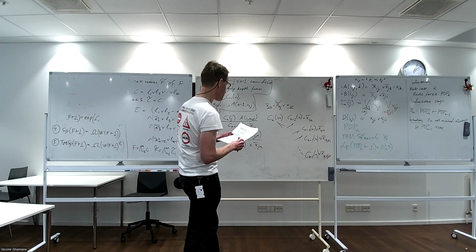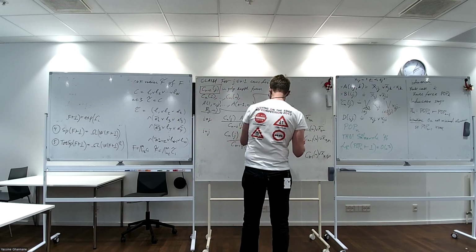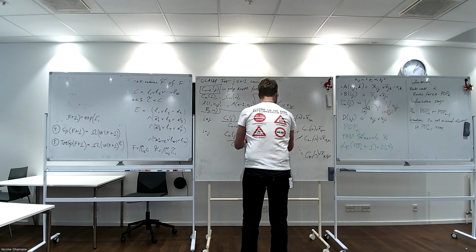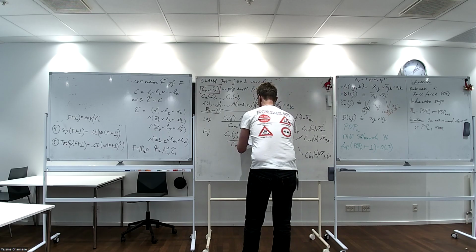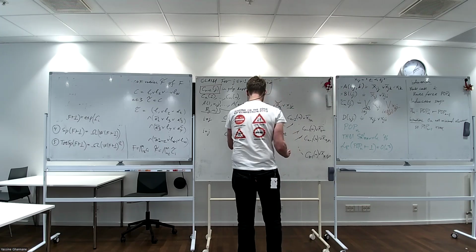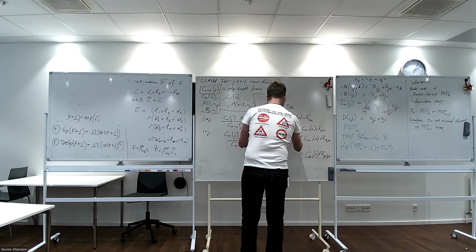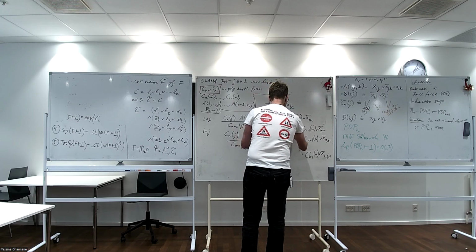So what happens? Let me write down the first step. You pick up Cn minus 1 j, and then you have an or, l goes from 2 to n minus 1, x l n.